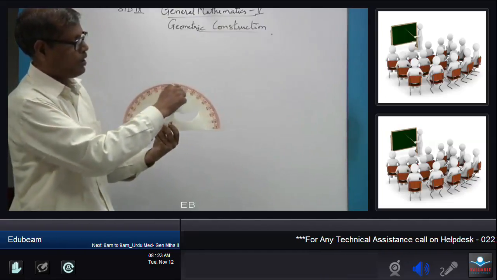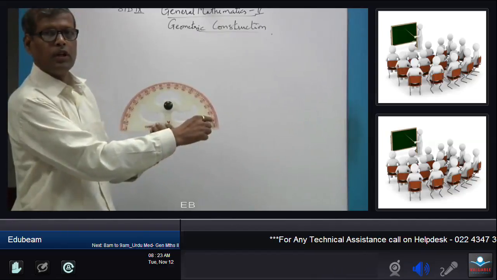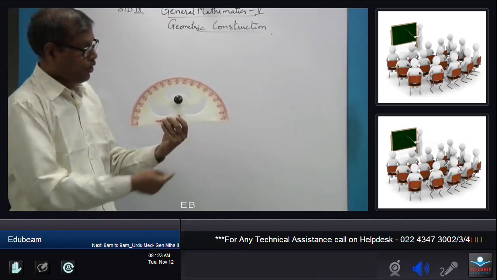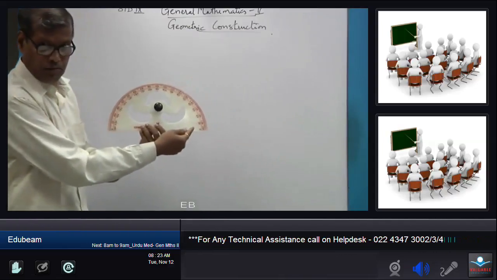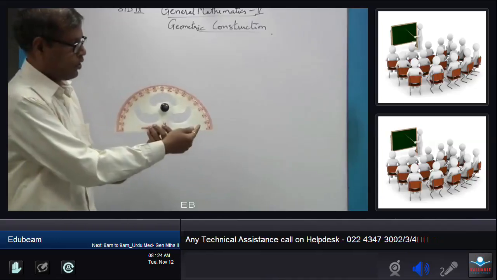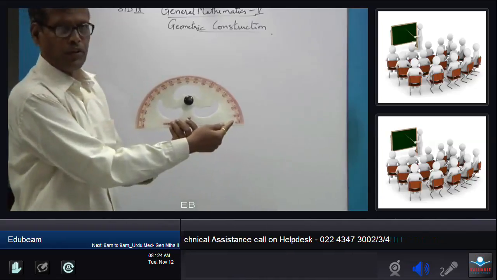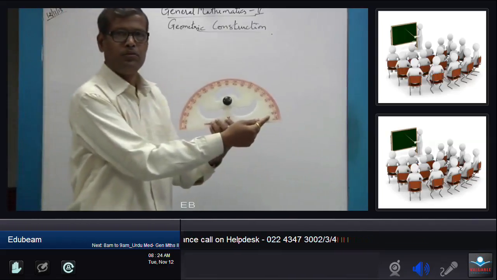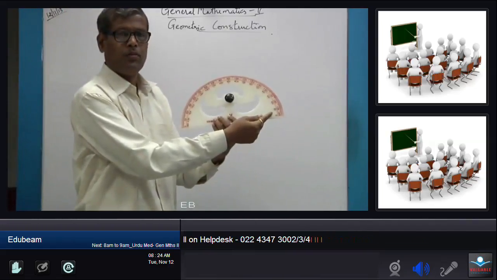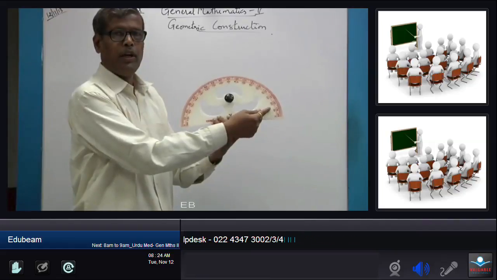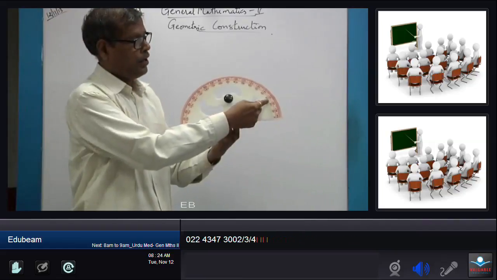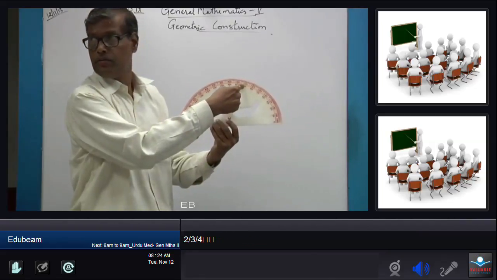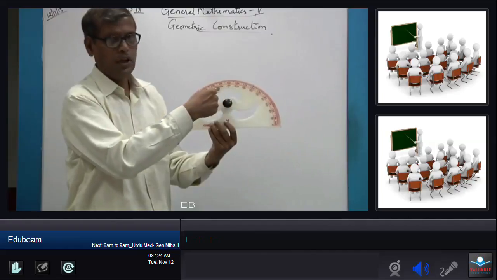The third one, what you are going to use is the compass. Now here this is a model. I'm not using an exact compass here. I'm putting a marker pen, which is to be put on the spot. Now this has to be very tight. It should not be loose.